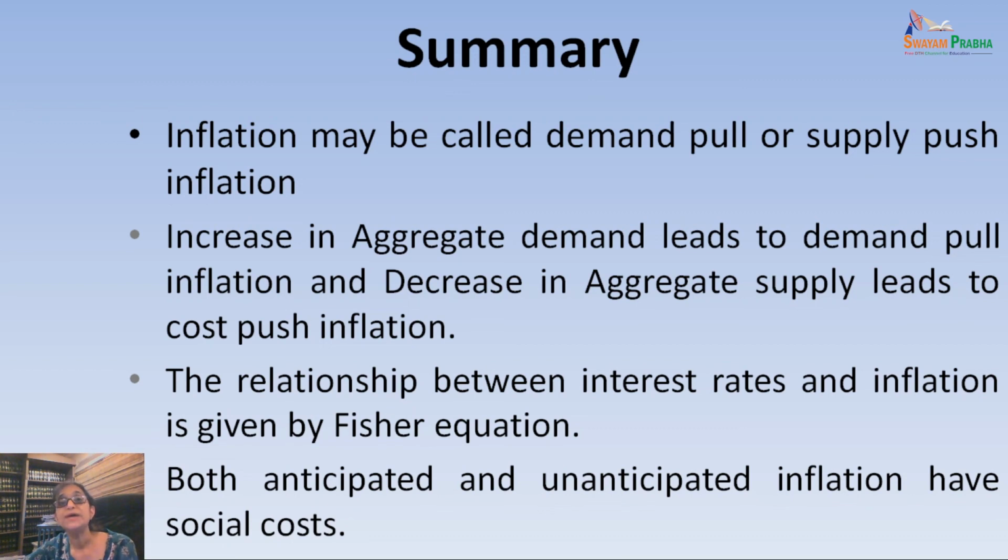When we understand the effects of inflation, or what we also called the social cost of inflation, it can be anticipated or unanticipated inflation. For anticipated inflation, we saw that the cost can be something which we have already accounted for, but still it adversely affects us. Unanticipated inflation, we said, definitely affects more than the anticipated rate of inflation.